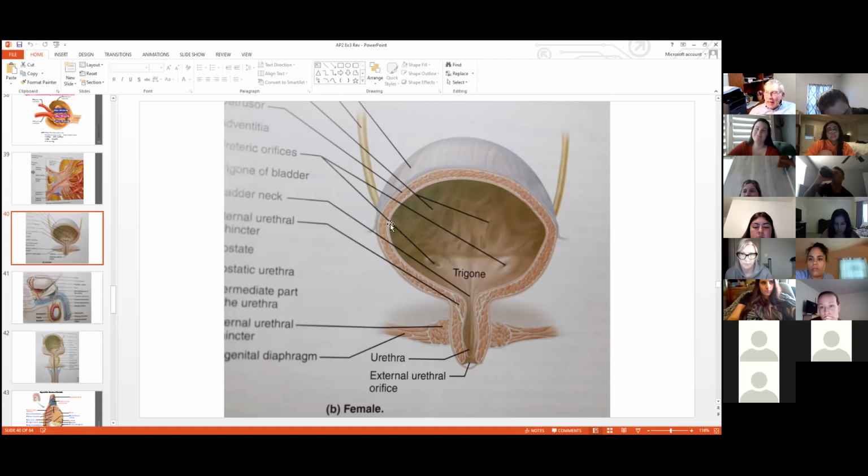And that's why pregnant women have to go to the bathroom so often. A very full bladder can hold up to a liter, but not a female bladder, especially a pregnant female. That bladder holds about 200 milliliters. So, an interesting little point of connection there.